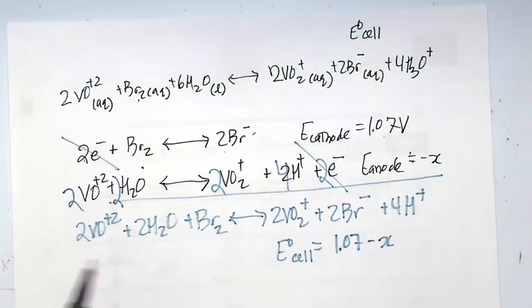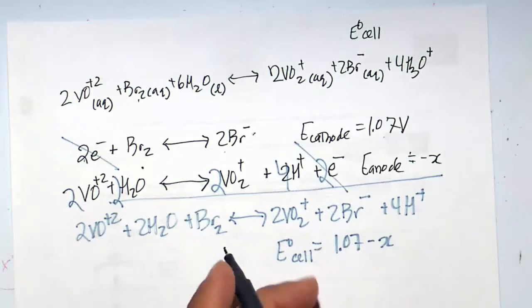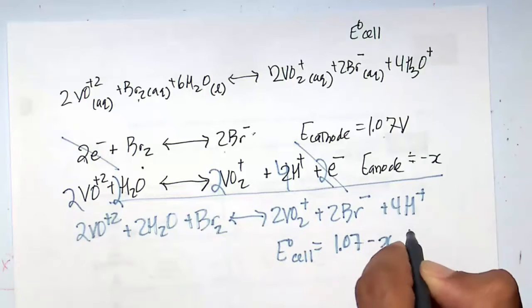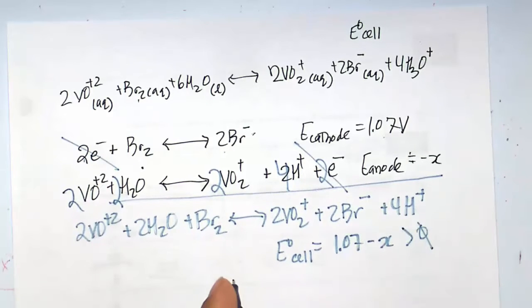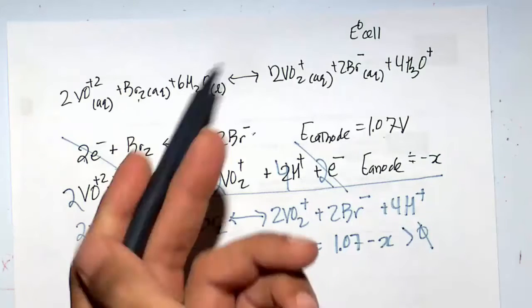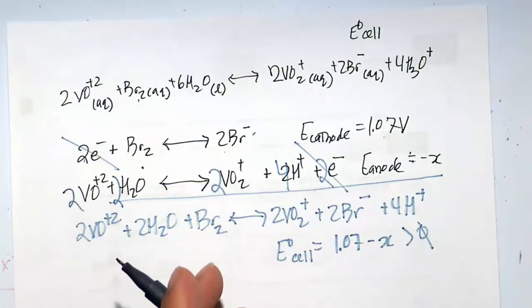So if this reaction were to go forward, then this would be greater than 0, right? Because a positive voltage is the only reaction that's going to favor the products. In electrochemistry, a negative voltage for a reaction will not favor the products. It's just simply a reaction that will not go.